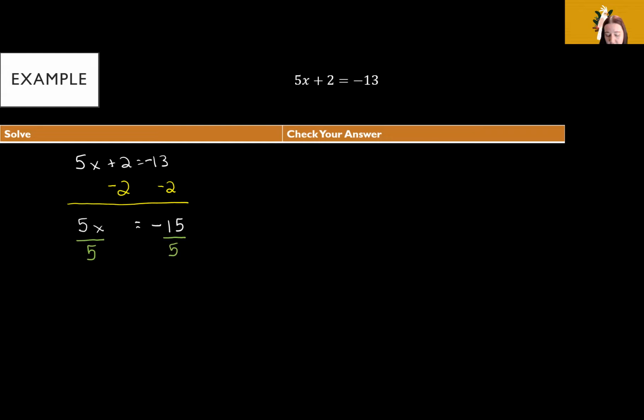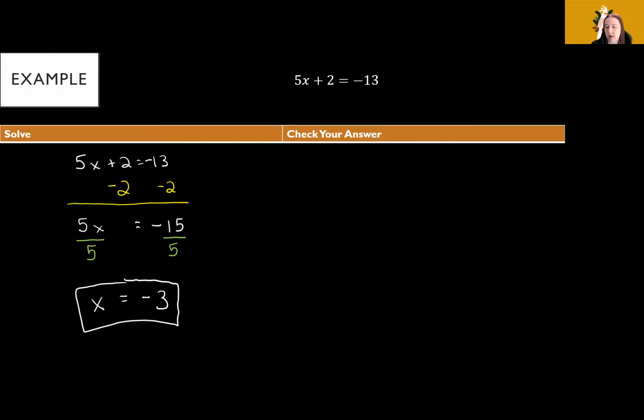So 5 divided by 5 is 1, and we don't need to write the 1. We can just write x. It's assumed to be a 1x if you just have the x by itself. And then on the right, we do negative 15 divided by 5, and that gives us negative 3. Once you have your variable with no number in front equal to a number, that's your answer. So we have x is equal to negative 3. This was 2 steps. We had to subtract 2 from both sides, and then we divided by 5 on both sides.